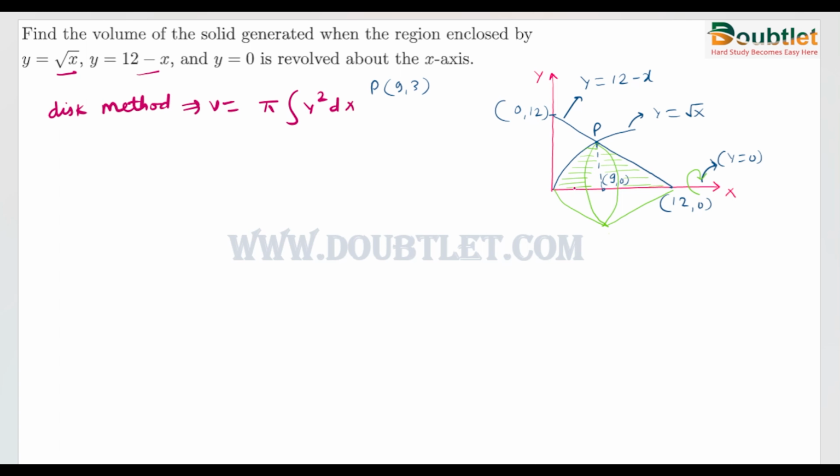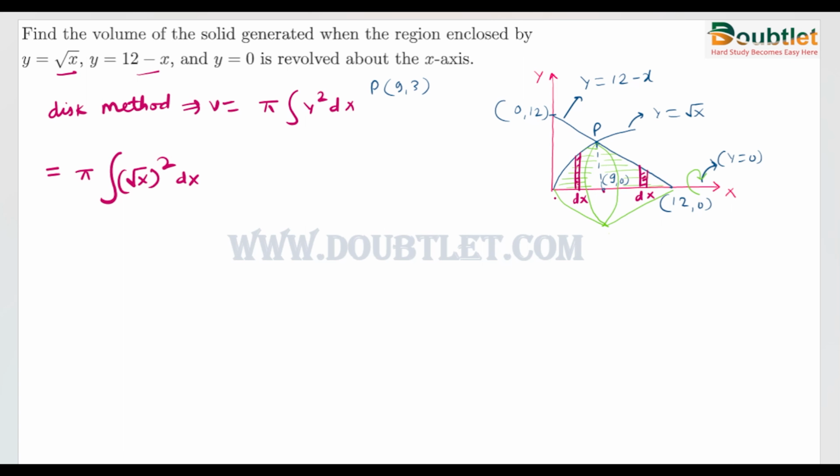First we will find the volume up to x = 9, and then from 9 to 12, so we will break this integral into two parts. π is a constant, so it will be outside. We will write this as (√x)² dx. Why are we taking dx? Because if we draw a perpendicular to the x-axis of length dx, its width is dx. We are just taking the element to find the volume.